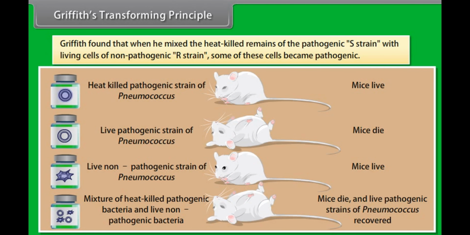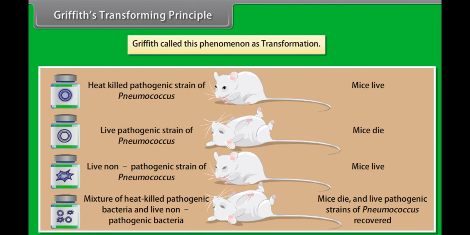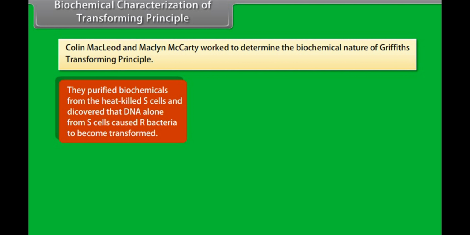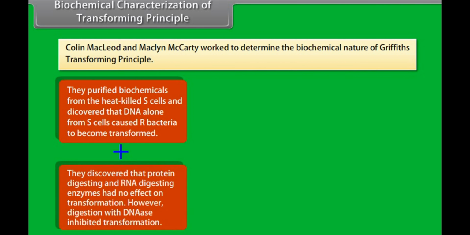Griffith found that when he mixed the heat-killed remains of the pathogenic S strain with living cells of the non-pathogenic R strain, some of these cells became pathogenic. Griffith called this phenomenon transformation. Biochemical characterization of the transforming principle. Oswald Avery, Colin MacLeod and Maclyn McCarty worked to determine the biochemical nature of Griffith's transforming principle.